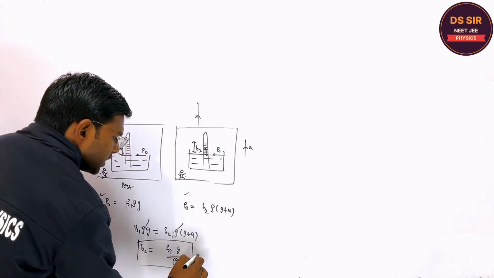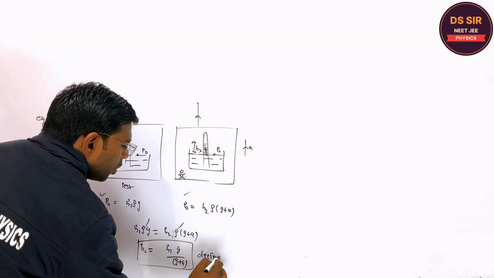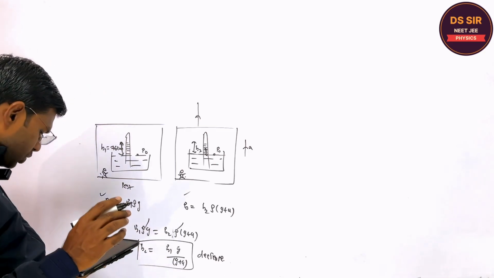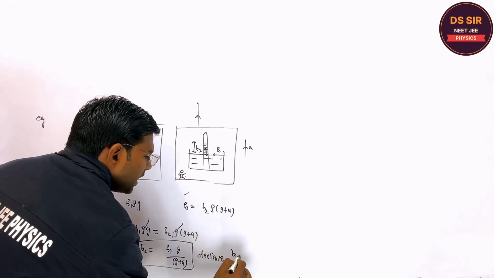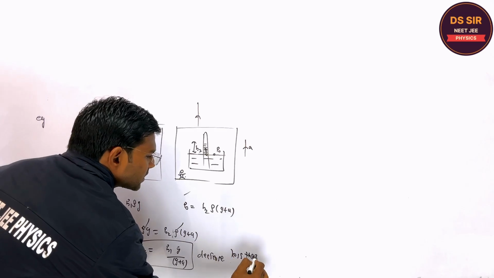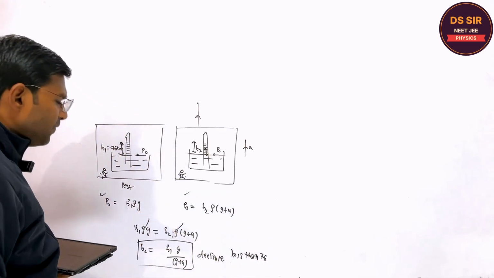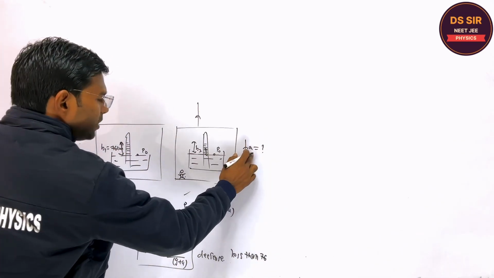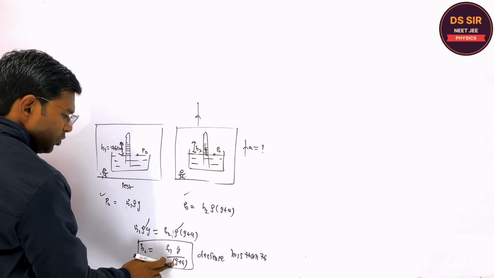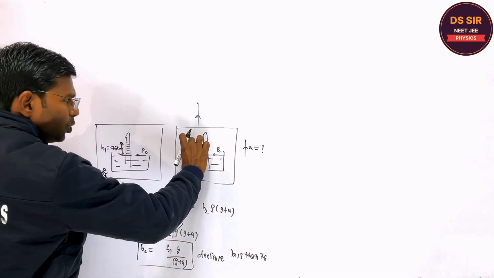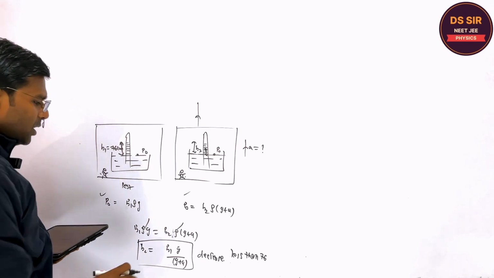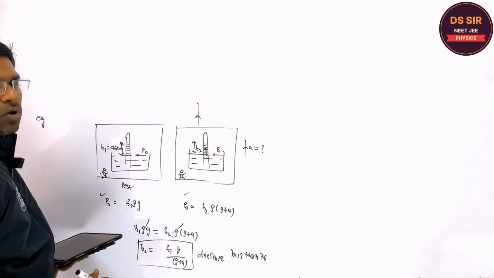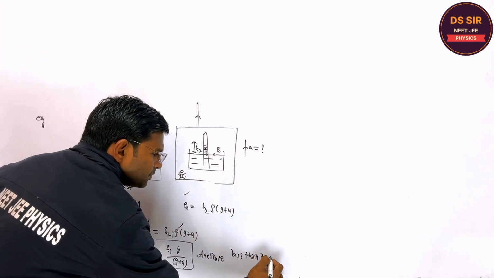G upon G plus A. It will decrease. Although it is asked whether it will increase or decrease, so it will be less than 76, right? But if the acceleration value is given in the question, if you put the value in this expression, the new level of mercury column in the barometer, you can find using this formula. Is it clear or not?